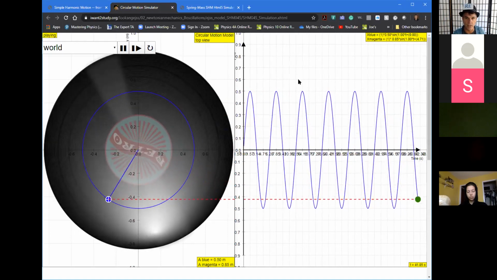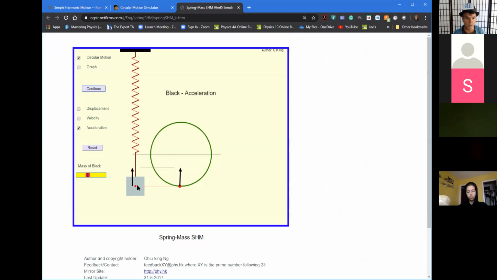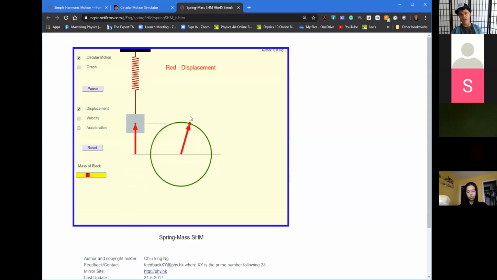I'll show you this in a second once we do these equations, but let's do this again. Displacement. I pull this thing down and let it go. If I imagine an object moving in a uniform circular path at a constant speed, and I just look at the y component of this displacement vector as this moves, it is going to trace out the path of this thing as it oscillates up and down.